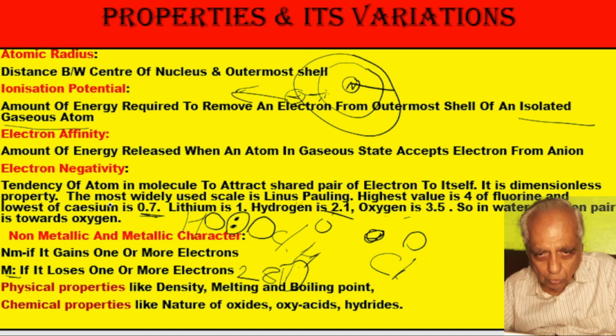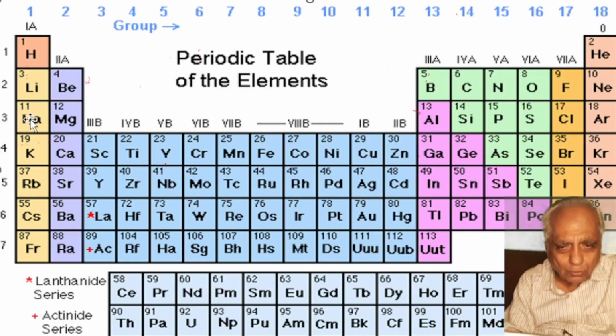So they are highly non-metal. The last, the 18th group, is neutral. Their orbit is complete. You might know magnesium is less reactive than sodium, which is a highly reactive metal. Magnesium is a bit less reactive. Aluminium is also a metal, but it is still less reactive.